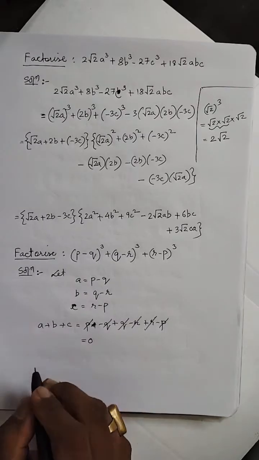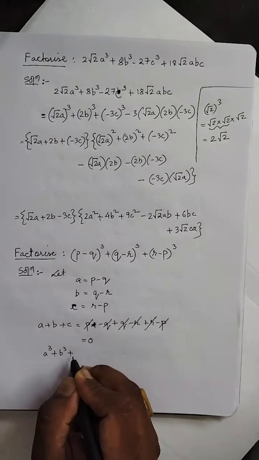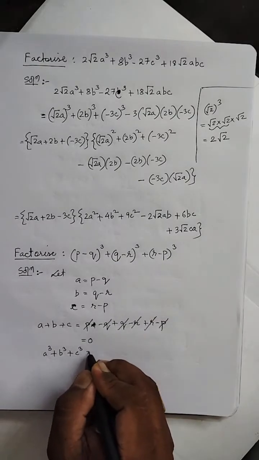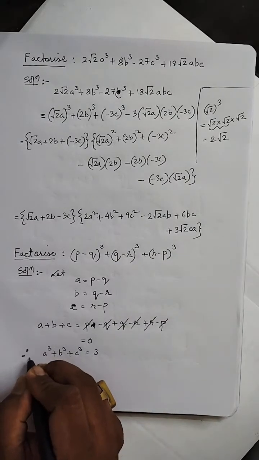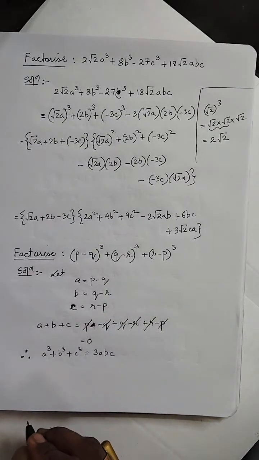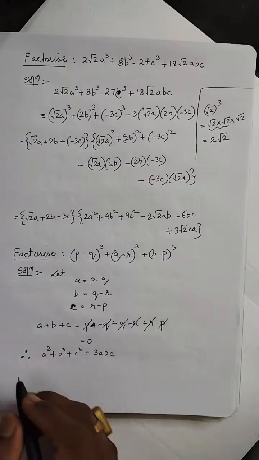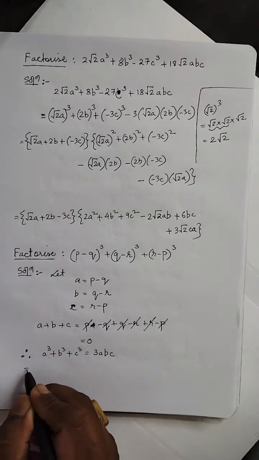So by the property we will have a cube plus b cube plus c cube equals to 3abc. Okay, I have forgotten to write that. So we'll just replace the values then.